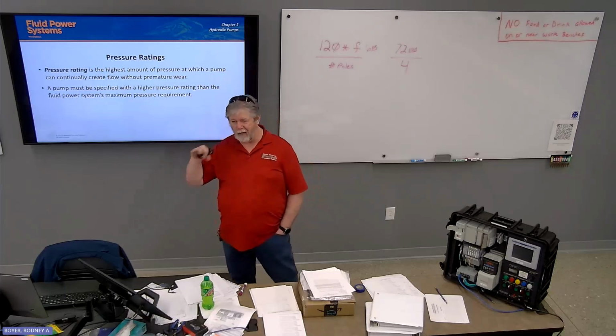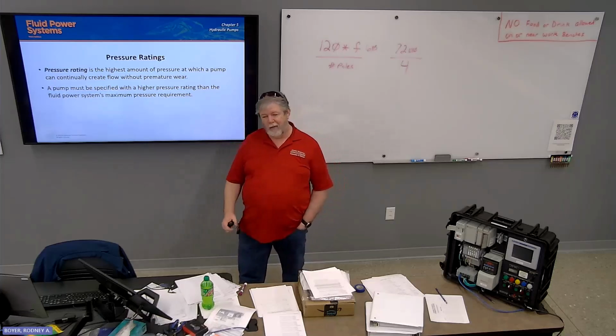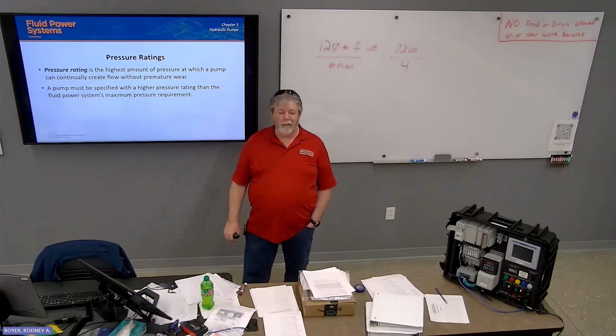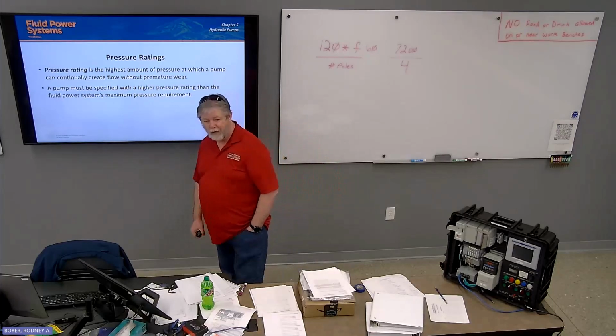It'll do that all day long, every day for years. If you need 5,000 pounds pressure and you get a pump that's capable of only 5,000 pounds pressure, you're running it flat out all the time, and you'll wear it out in no time. Okay.